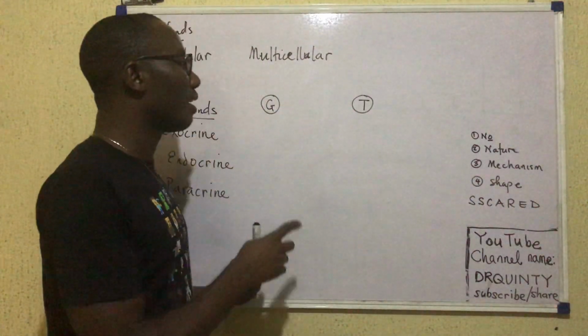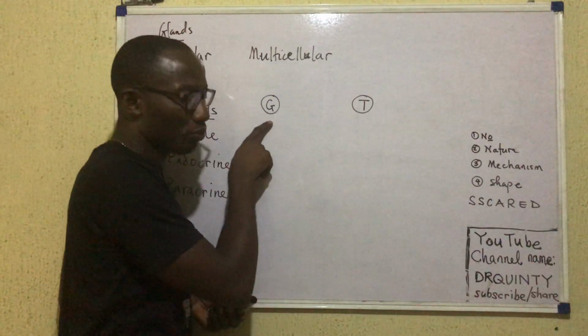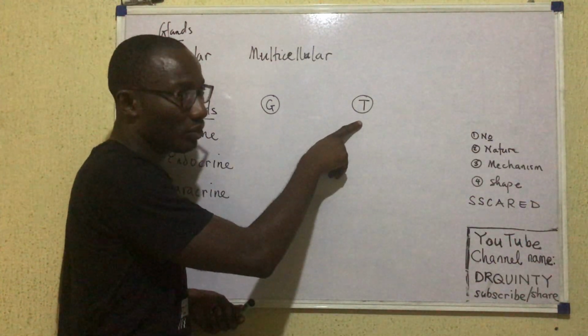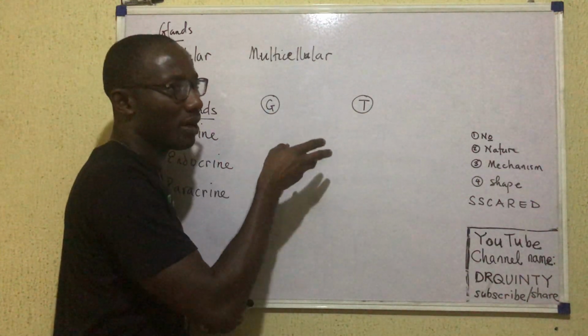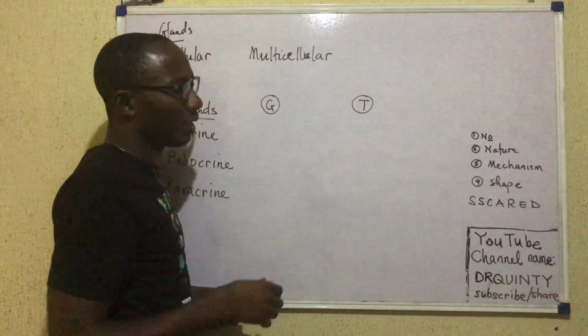So for a gland, usually, when materials are produced, they have to be transported to a certain point where they carry out their function. Everything now depends on how the secretions finally reach the target.